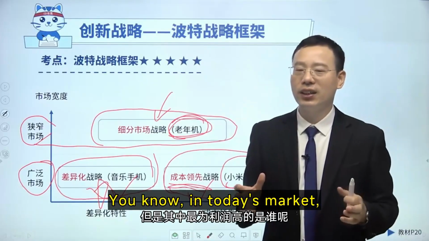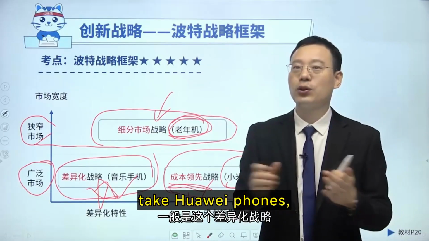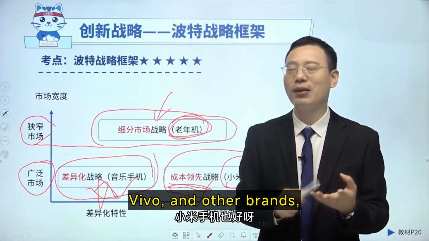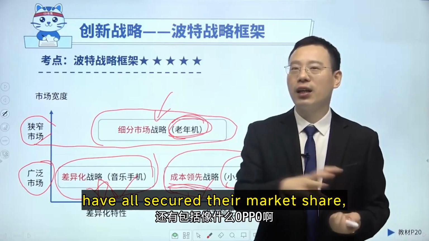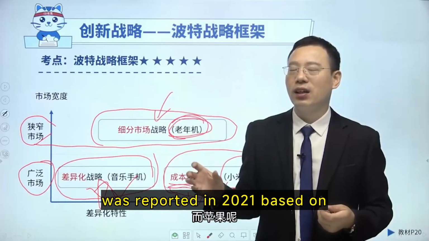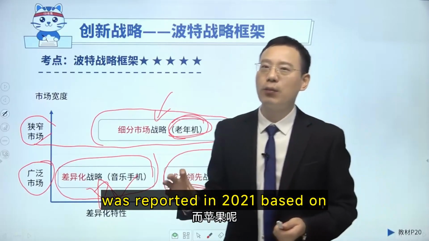In today's market, take Huawei phones or Xiaomi phones and others like Oppo, Vivo and other brands have all secured their market share. As for Apple, its market share was reported in 2021 based on consumer data.